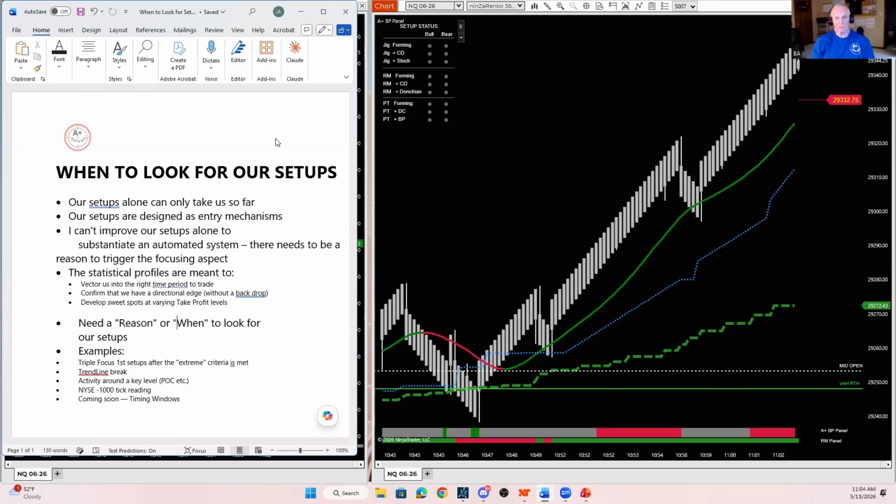So we have our setups, and we have statistical profiles built around the setups. But those statistical profiles are simply the setups in a vacuum. And for me, the setups have to perform before I would ever include them into an overall trading framework. So the trading framework we are migrating and transitioning to inside of A Plus Setups is this: we have our setups.